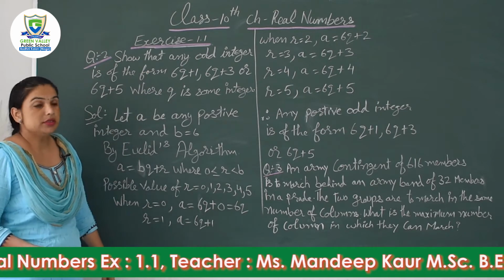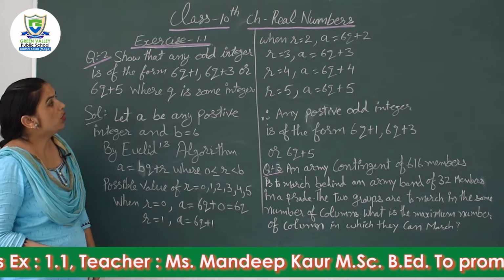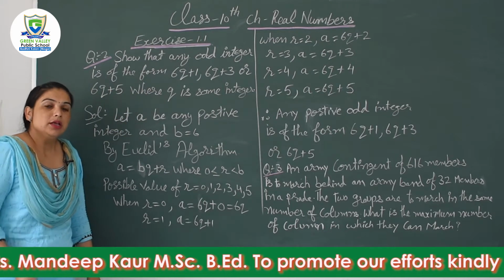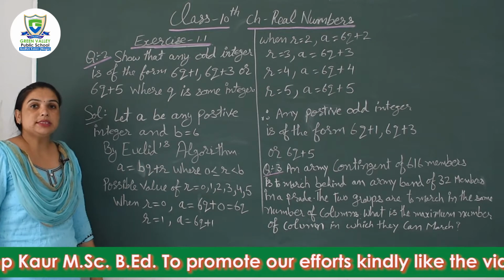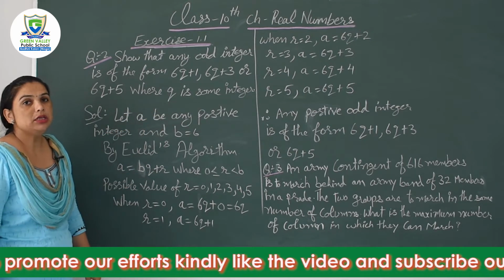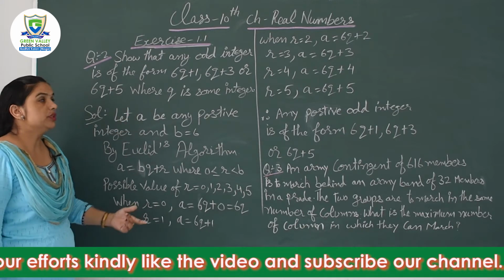Here the statement is, show that any odd integer is of the form 6q plus 1, 6q plus 3 or 6q plus 5, where q is some integer. So how we'll do this question?